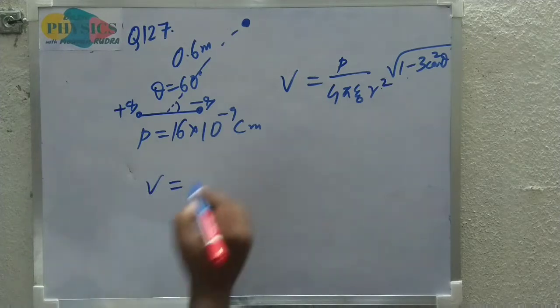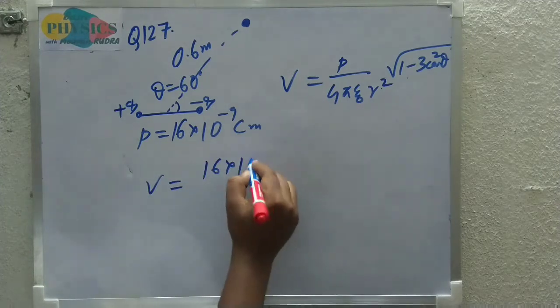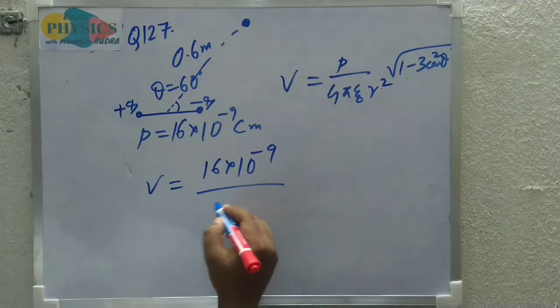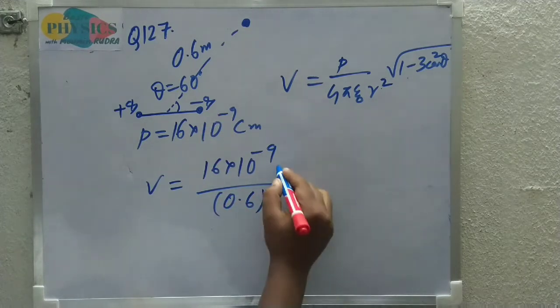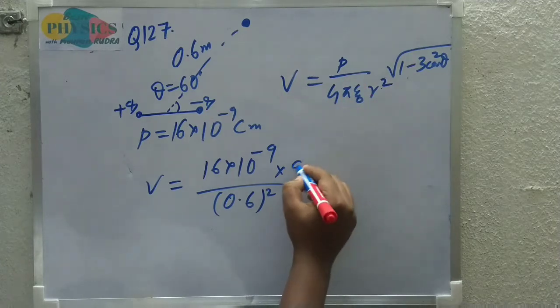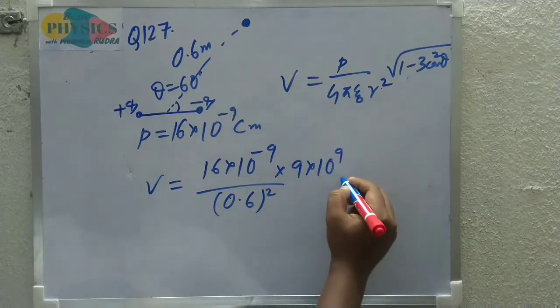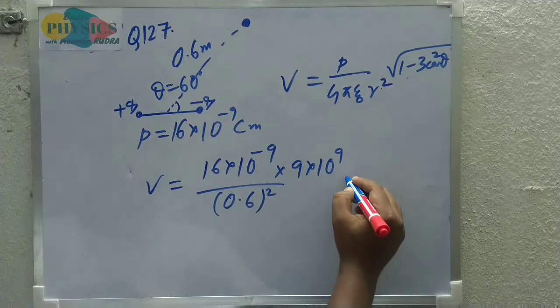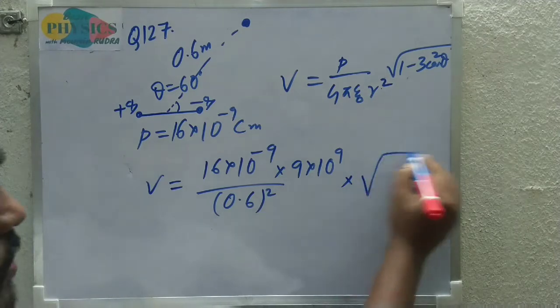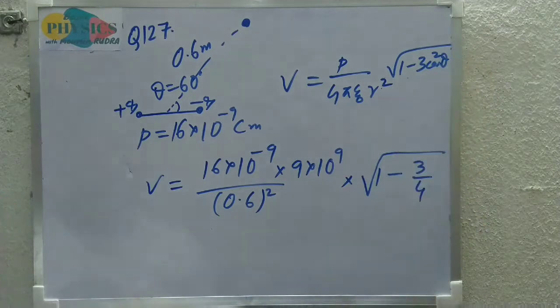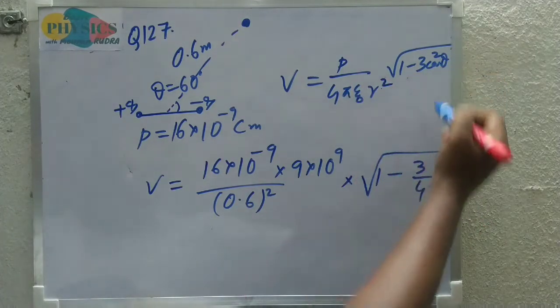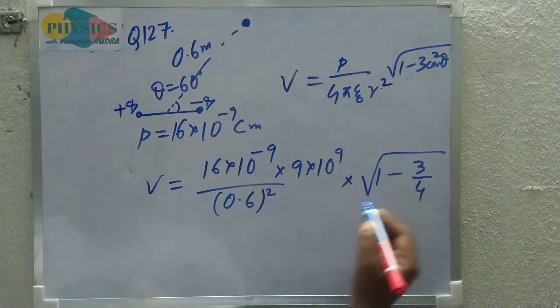So from this we can write P equals 16 into 10 to the power minus 9 by r square, meaning 0.6 square, into 1 by 4 pi epsilon naught, meaning 9 into 10 to the power 9, into root over of 1 minus 3 by 4, since cos 60 means half, so cos square theta means 1 by 4 into 3.